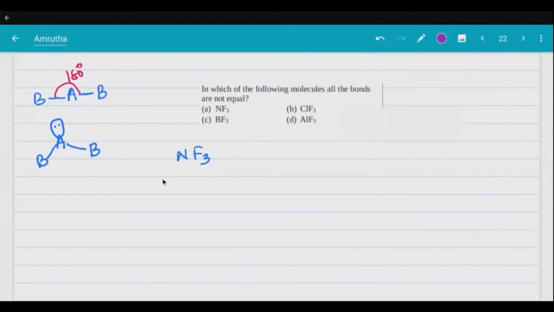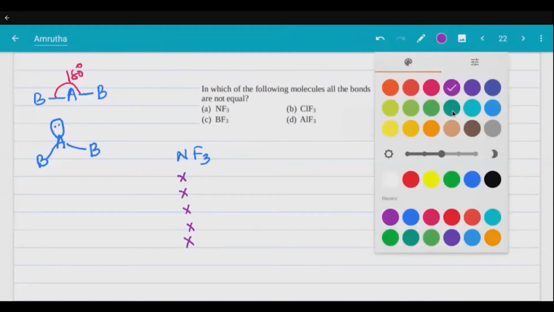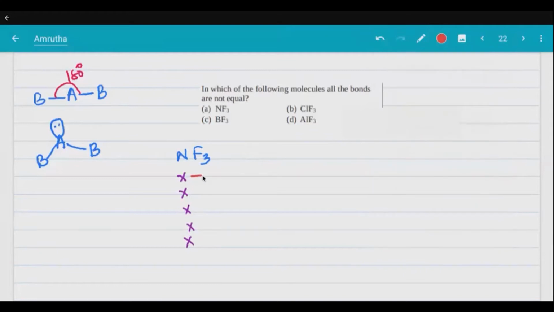So I'll write 5 electrons, 1, 2, 3, 4, 5. Out of 5 electrons, how many can form bonds here? Sir, only 3 fluorines are there, so 3 can form. Yes, NF3 plus 1 lone pair.